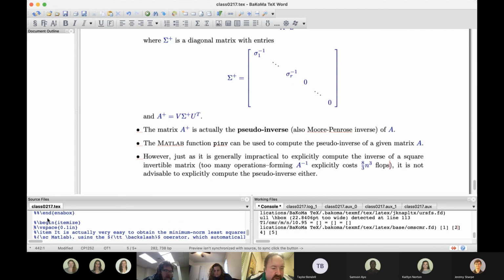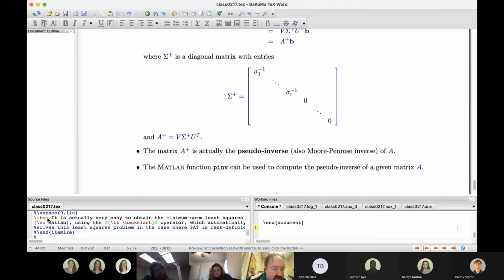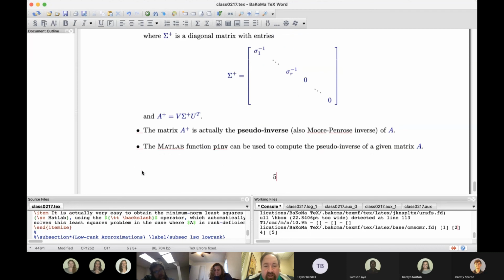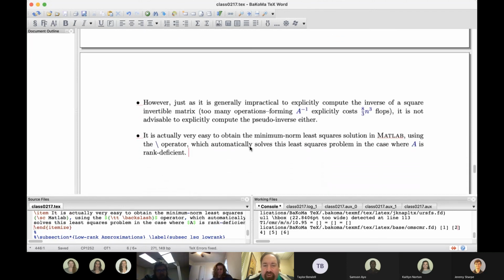Now, you actually don't need a pseudo inverse in Matlab to get the least squares solution. You can use a backslash operator. So a backslash operator figures out what kind of problem you're trying to solve. If A is square invertible, then it'll do Gaussian elimination, partial pivoting, and forward and back substitution to solve a system.